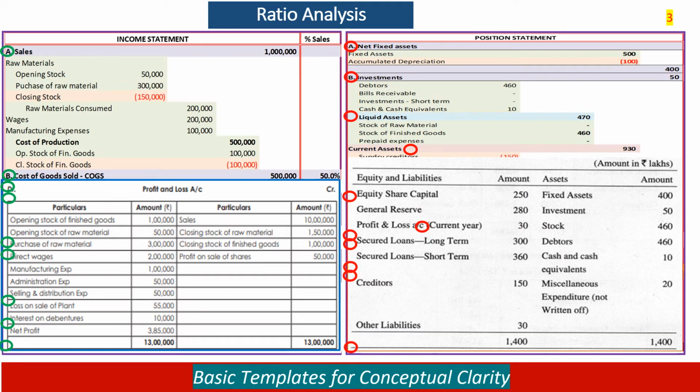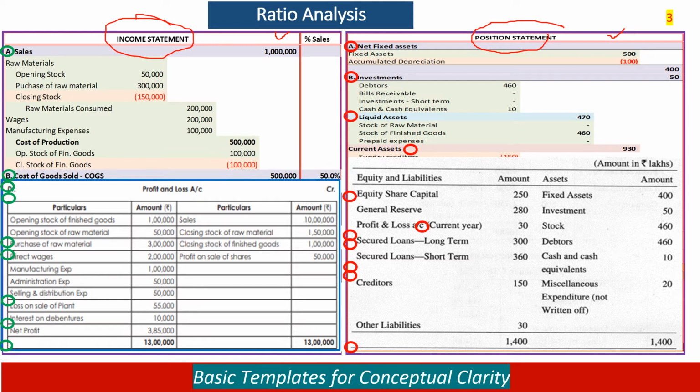To put it simply, both these income statement and the position statement, which are an altered form of profit and loss account and balance sheet respectively, these are the templates which are practically used by every lender, be it a bank or financial institution.